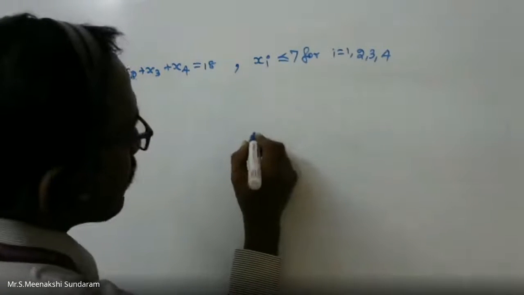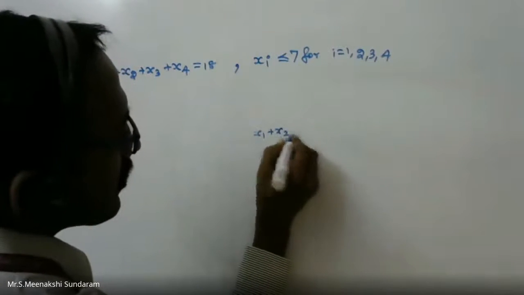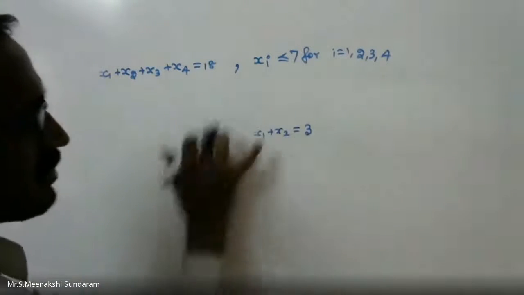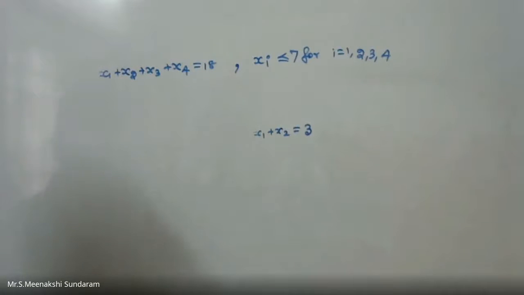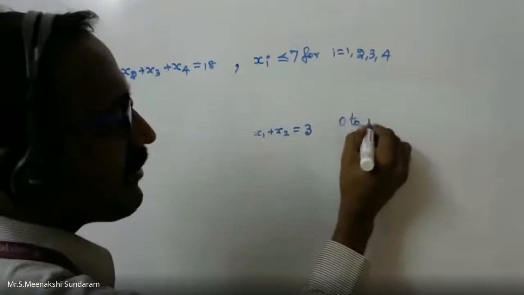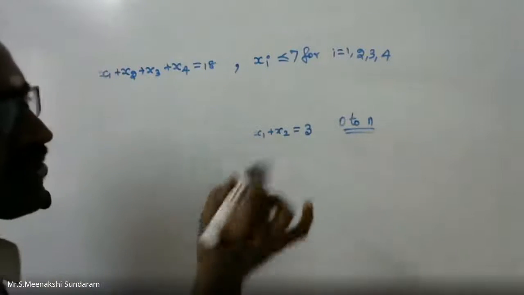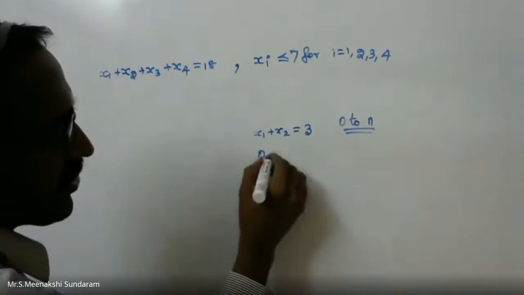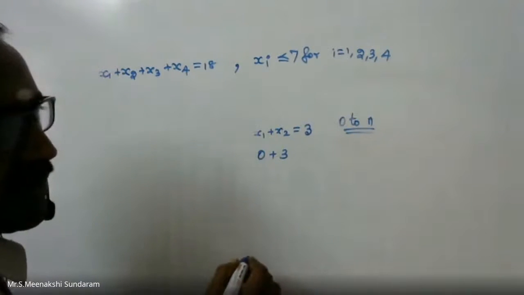Simply, for example, if x1 plus x2 equal to 3, how many possible ways of solution are there? X1, X2 you can give the value from 0 to n. என்ன வேல்யூனாலும் கொடுங்க. Sum of the value 3 வேணும். What are the possible values? X1 க்கு 0, X2 க்கு 3 எடுக்கலாம். ஒரு possible.